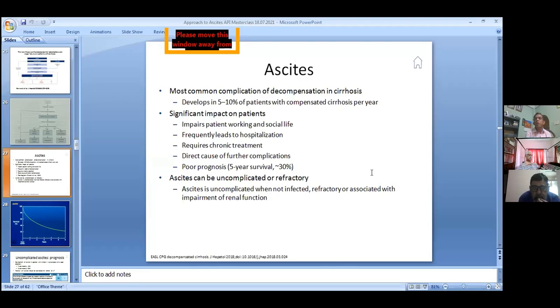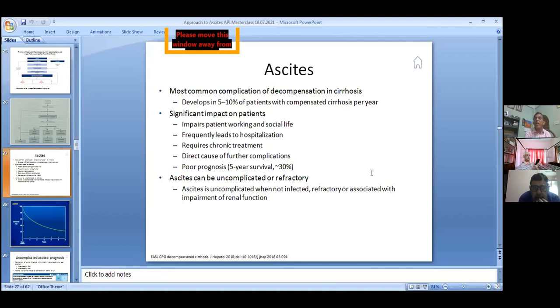The other forms are hepatic encephalopathy and variceal bleed from portal hypertension. About 5 to 10% of patients with compensated cirrhosis per year develop decompensation with ascites, and the 5-year survival is reduced to 30% once the patient develops ascites.